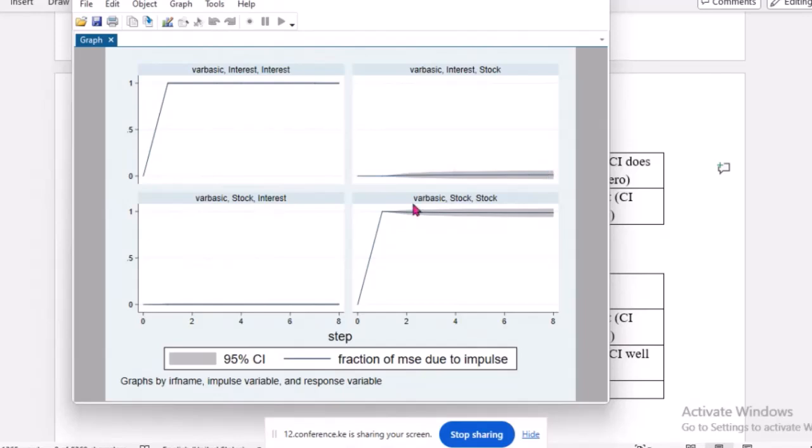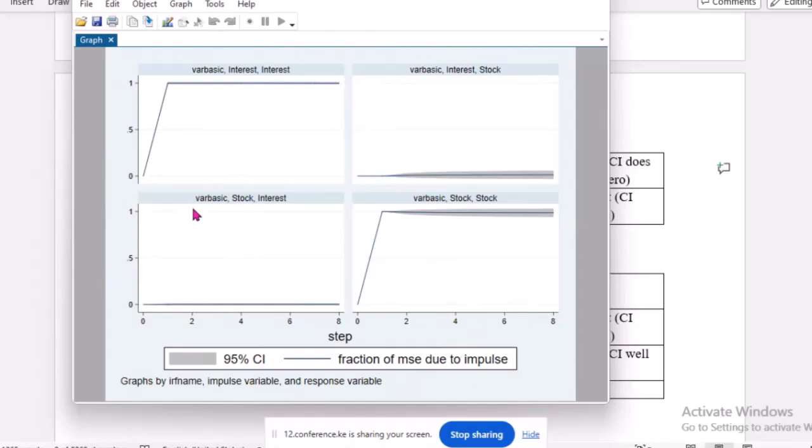If we look at that graph, if we shock stock, how does the forecast error of interest rate change? You can see it is very little. The effect is very small if we shock stock prices.